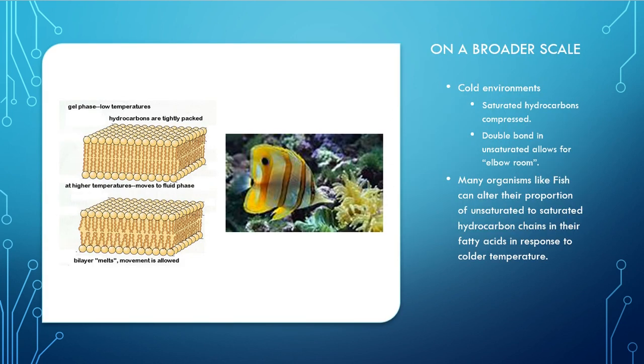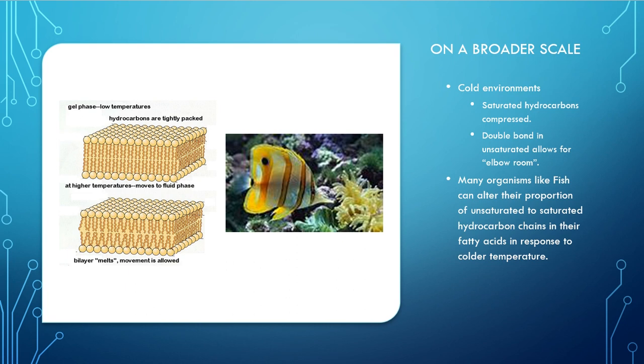So on a broader scale, temperature has a large effect on cell plasma membranes, and the unsaturated and saturated hydrocarbons help keep the membrane stable through temperature changes. In colder environments, the saturated hydrocarbons will become compressed, and the unsaturated hydrocarbons will actually fight this because they have bends in their double bonds.